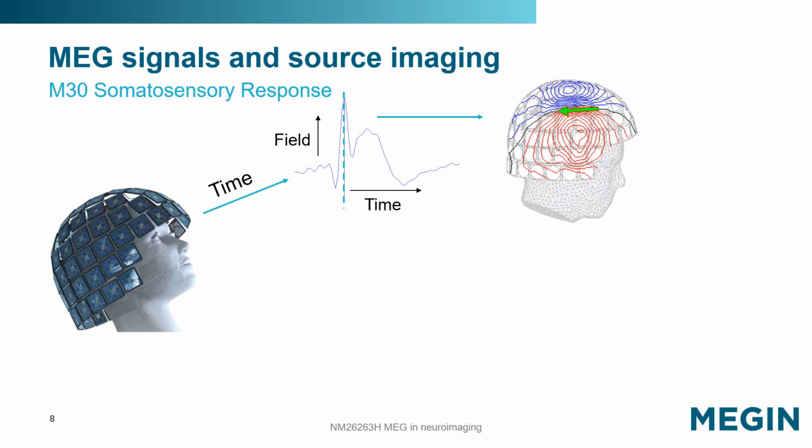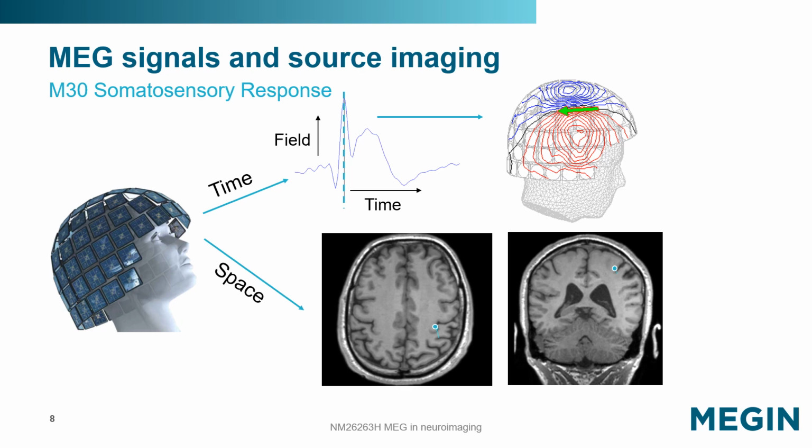Field values at this time from all sensors are combined and presented as a spatial map in the upper right picture. The blue and red contours indicate magnetic fields entering and exiting the head, respectively. One can also perform source modeling to localize the origin of the M30 response underlying this map pattern.